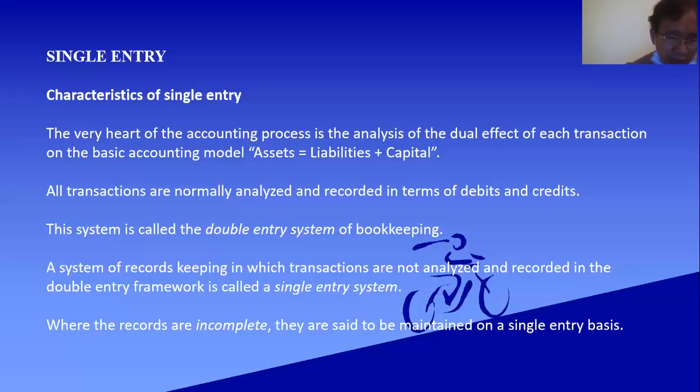So the total is 700,000. Then we deduct the withdrawals of 100,000. The difference is capital balance at the end. So 600,000. Letter C.